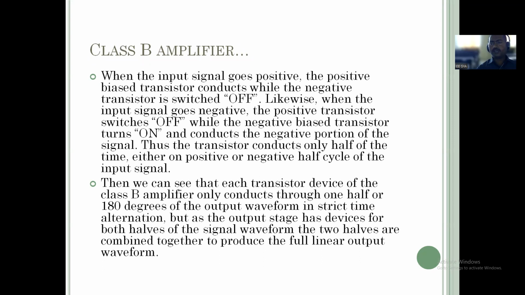That's why overburden of this configuration does not happen here, because in class A all 360 degrees must work, but here it does not. So whatever input is applied, the same will come at the output, but due to the crossover distortion problem, the signal is distorted during the crossover position only.